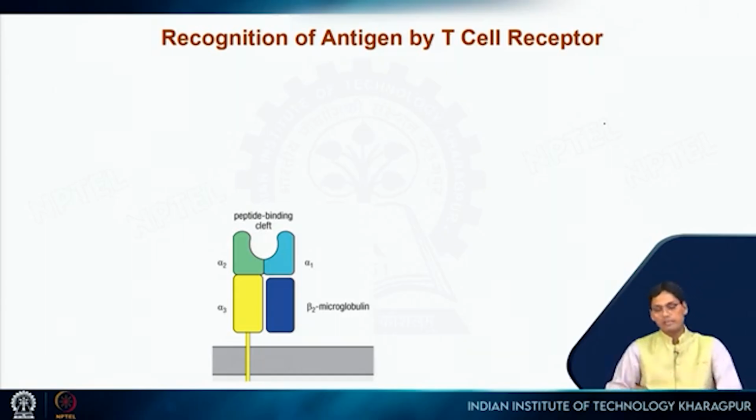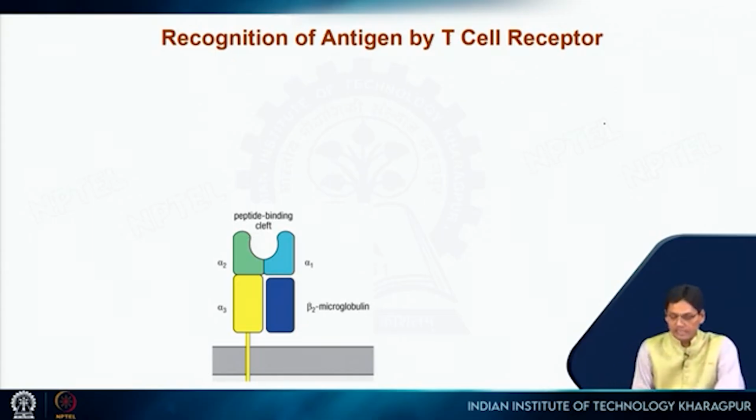Now let's see what is happening in the T cell receptor. The basic difference between antigen recognition by T cell receptor and by the B cell receptor or antibody is that TCR recognizes processed antigen, only a small peptide which is presented by the MHC molecule, or major histocompatibility complex.